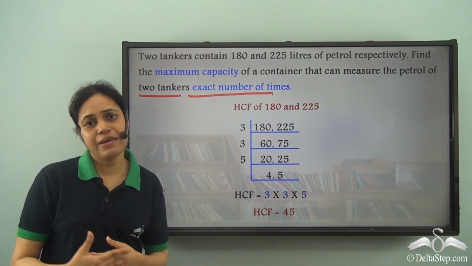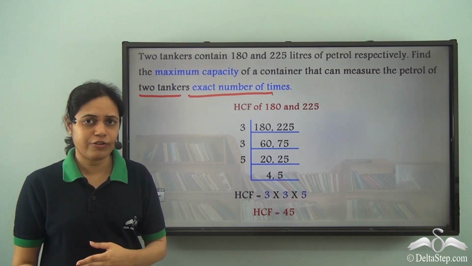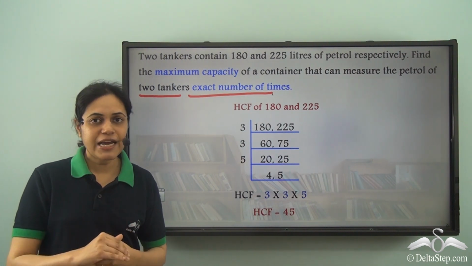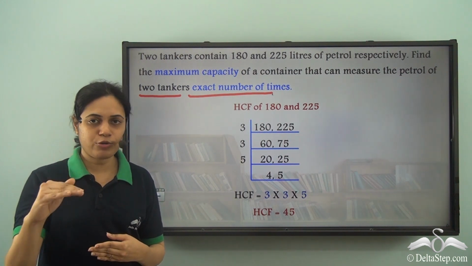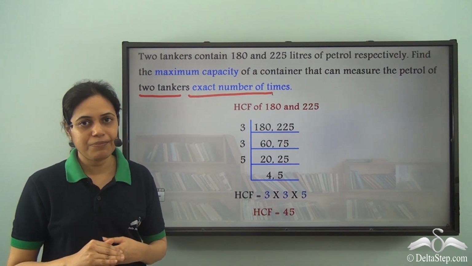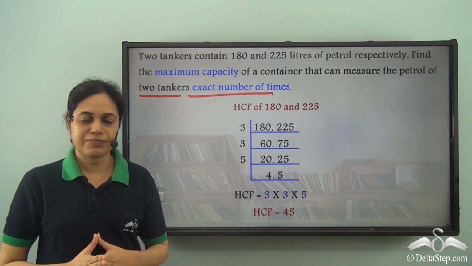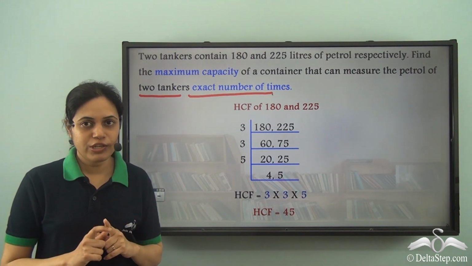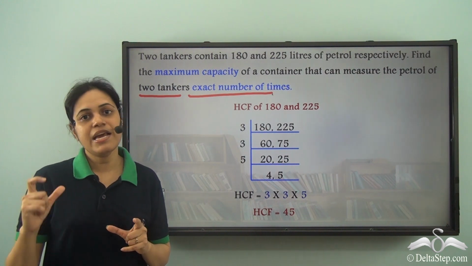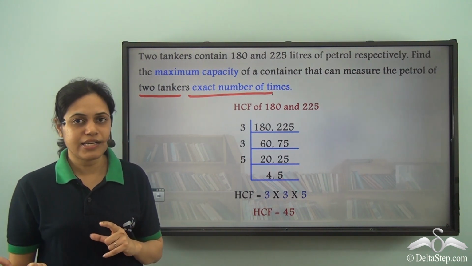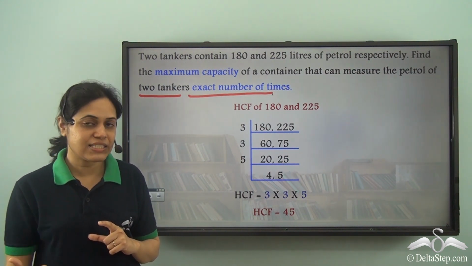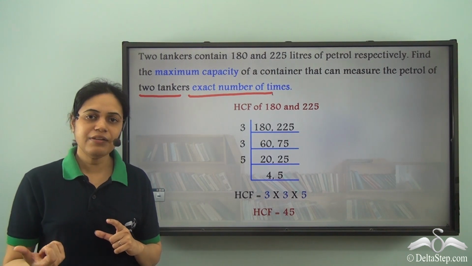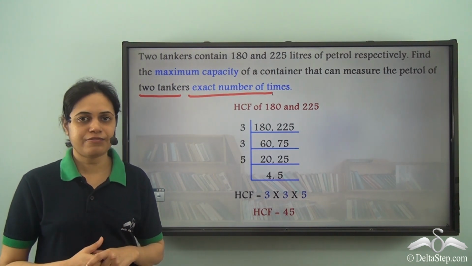That is, say 4 times, 5 times, or whatever number of times. But every time it will be filled up to the top. That is what we mean by exact number of times. So whenever you need a number which has to divide the 2 given numbers, and we need the highest or the greatest or maximum such number, then we need to find the HCF.